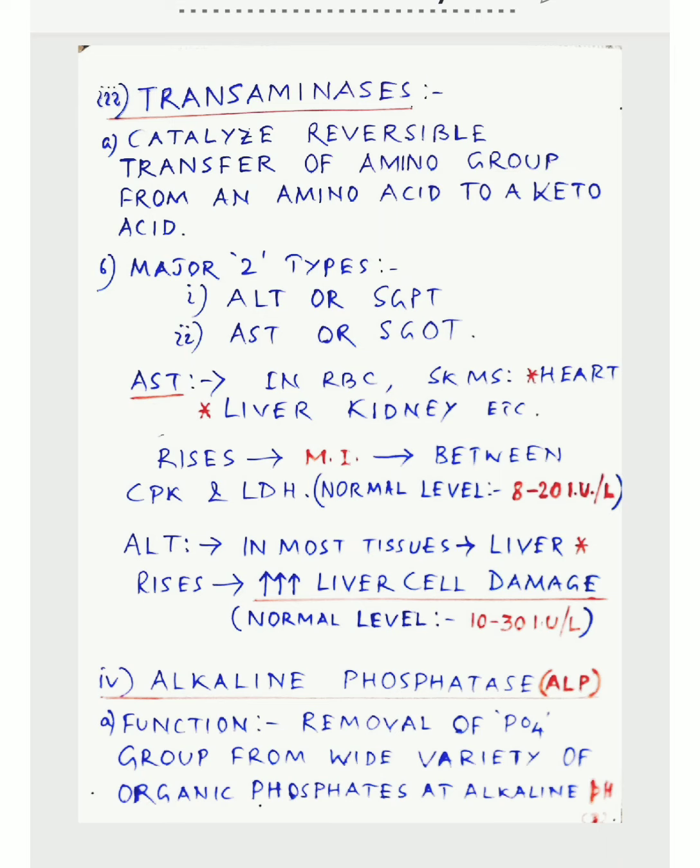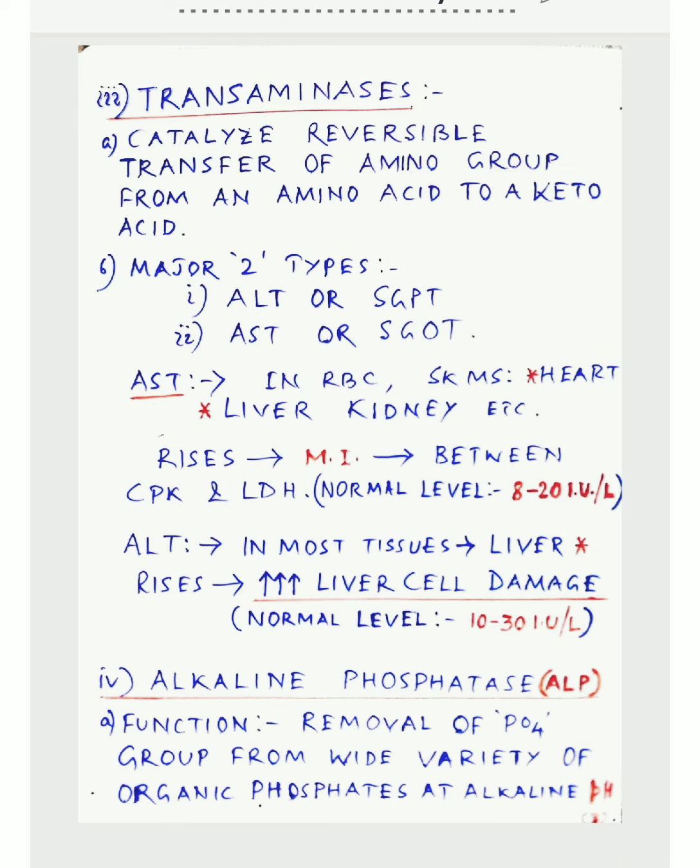AST is present in many tissues like RBC, skeletal muscle, heart, liver, kidney, etc. However, heart and liver have the highest concentration. Normal level is roundabout 8 to 20 international units per liter.